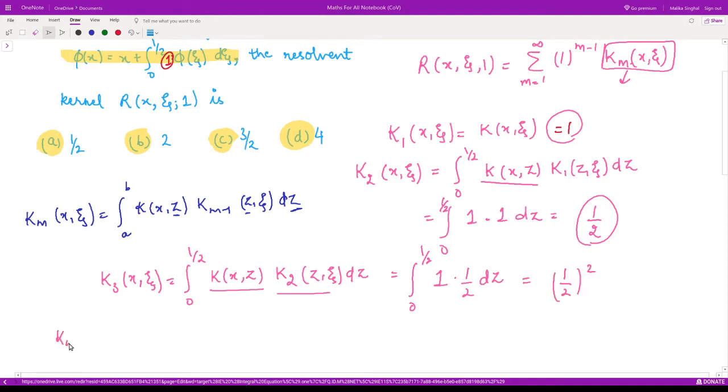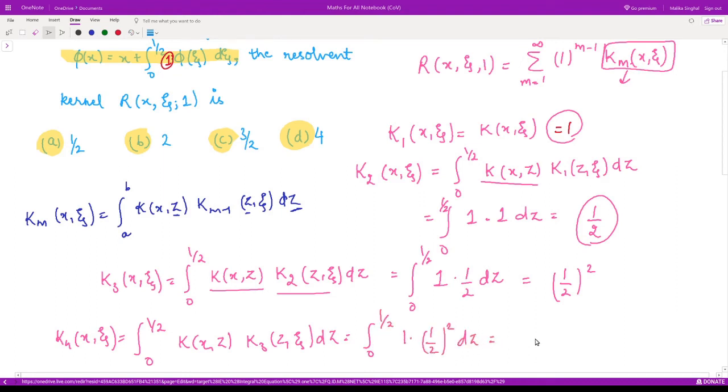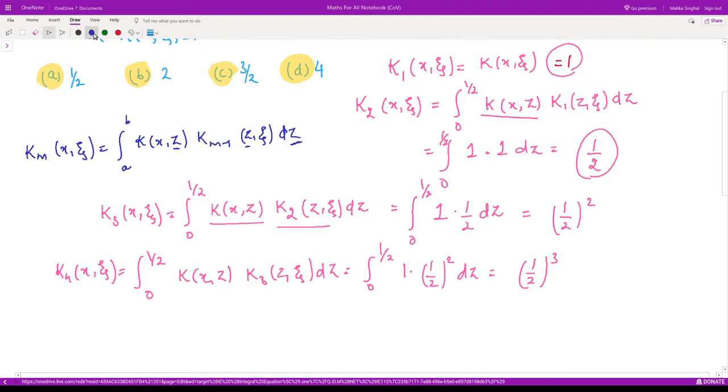So let us calculate K4(x, xi). That would be integration from 0 to half of K(x, z) then K3(z, xi) dz. So that would be integration from 0 to half of 1 into 1 by 2 square dz, which would simply be 1 by 2 raised to power 3. So can we generalize this in some way? Yes, we can.